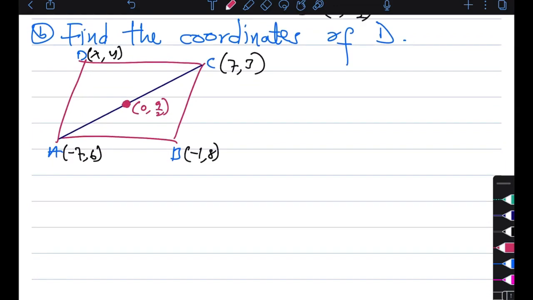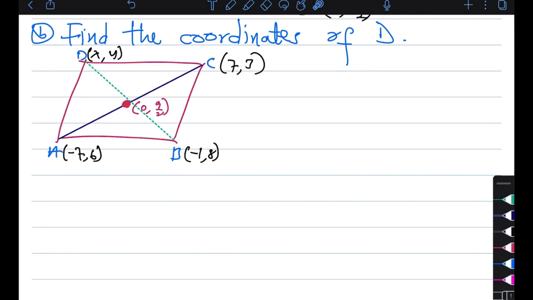Okay, so now how do we find the coordinates of D? Well, it's quite simple. Check this out. For a parallelogram, the diagonals from A to C and the diagonals from D to B meet at the midpoint.